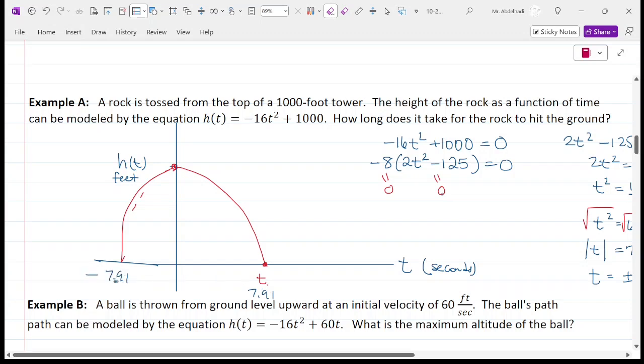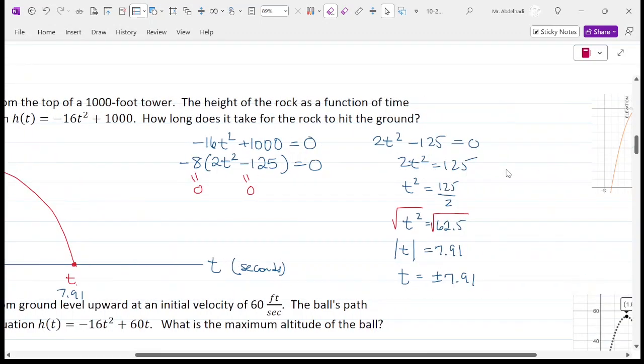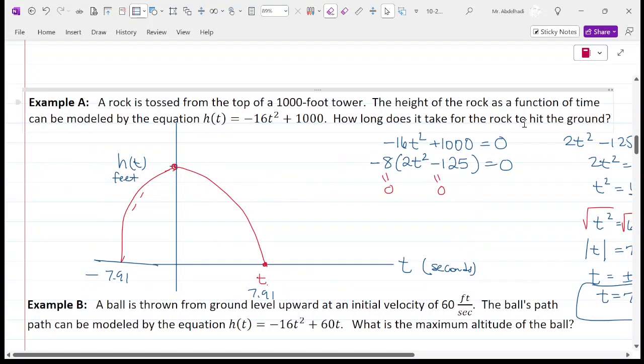There is, but since we don't care about that side of the parabola, we're only interested in the positive side, we can drop the negative and say that it lands at 7.91 seconds. Okay? So that's how you take care of a hit in the ground situation. You find the x-intercepts. Now there are 2 x-intercepts, but only one of them is useful in the real world part of this situation. Now, I realize how unsymmetrical that looks, but that's okay.